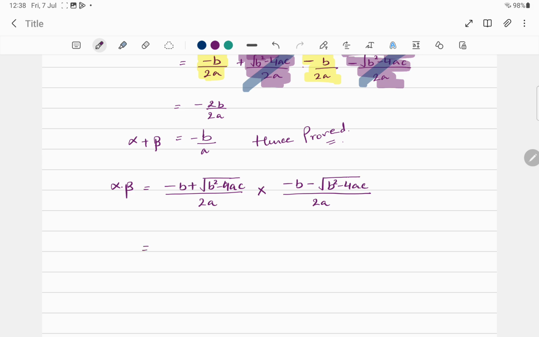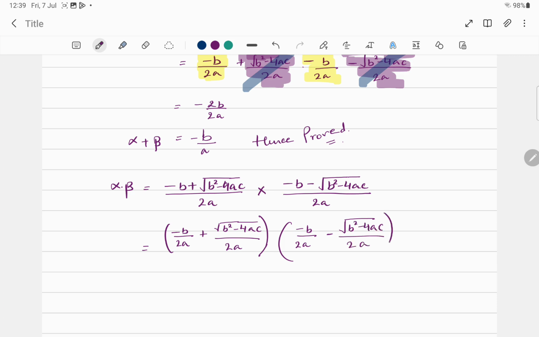Now if we spread it into two parts, we will have minus b over 2a plus square root of b square minus 4ac over 2a, and the next bracket is minus b over 2a minus square root of b square minus 4ac over 2a, right?